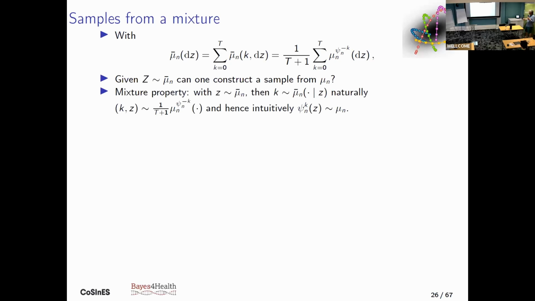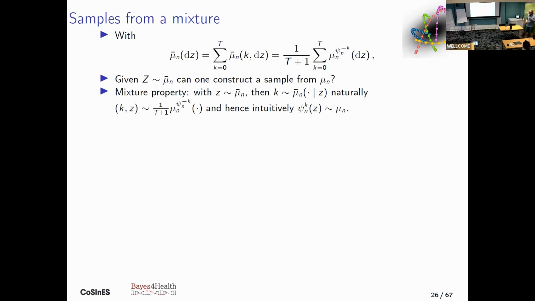Basically using the mixture property, if Z is distributed according to mu bar n, and I sample K from the conditional distribution, which is defined here, obtained from the joint model underpinning this sum, if you sample the label, then you've got this property, at least intuitively, that the result is distributed according to mu n.